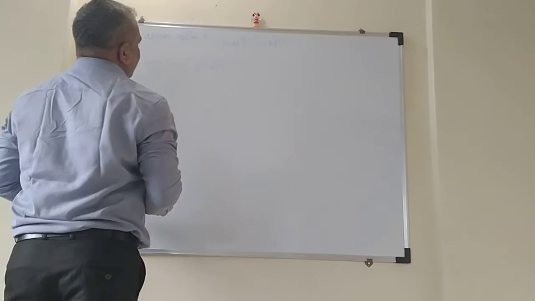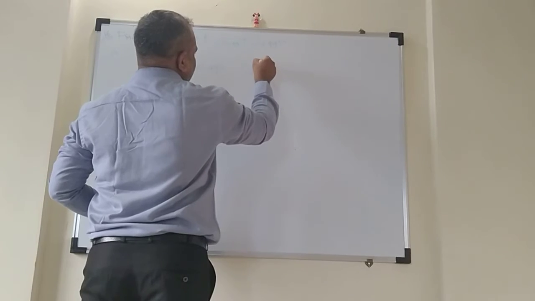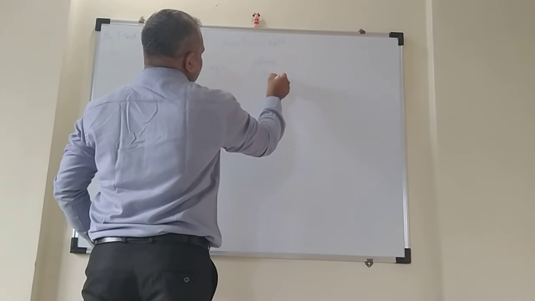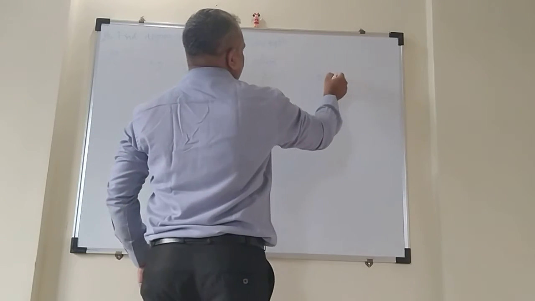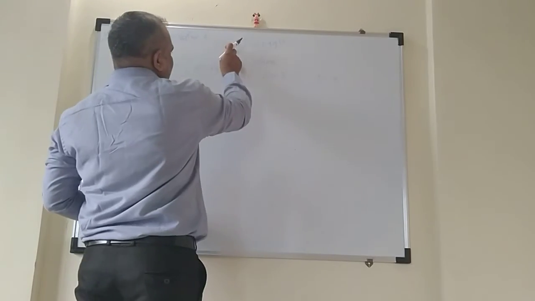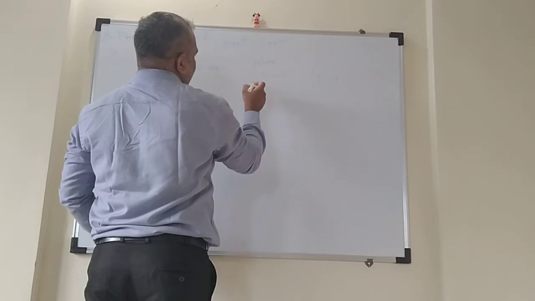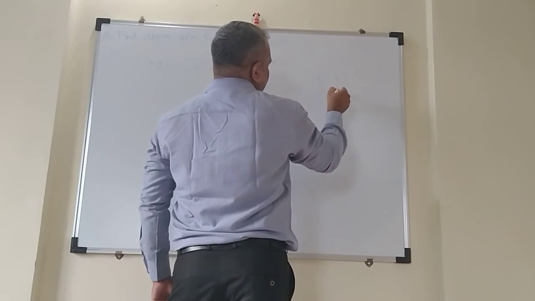So let us consider f is a function of two independent variables x and y, and this is equal to square root of x square plus y square, where x is equal to 3 and y is equal to 4. Now, 2.99 and 3.99 are the values of x plus delta x and y plus delta y.